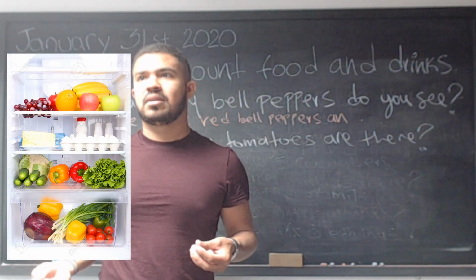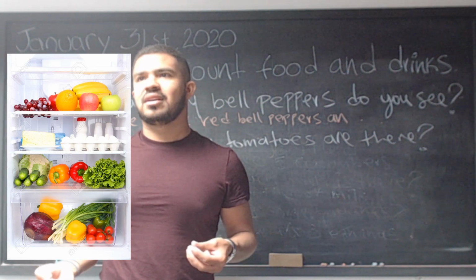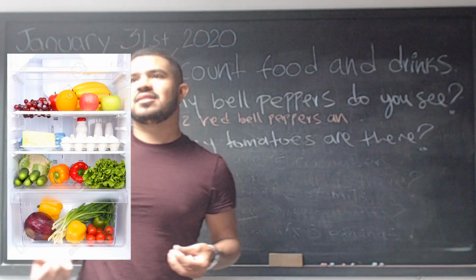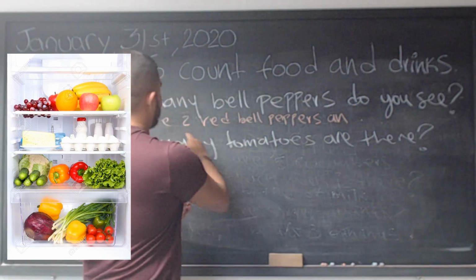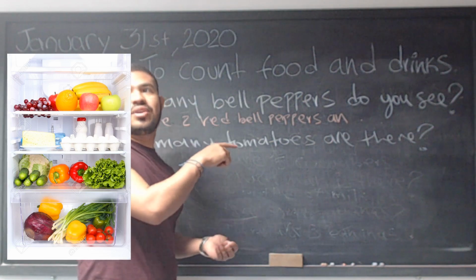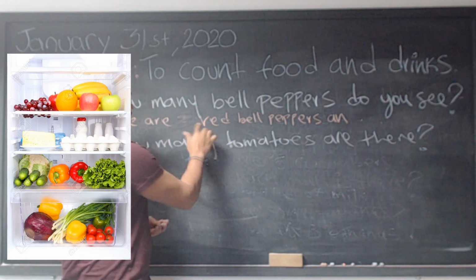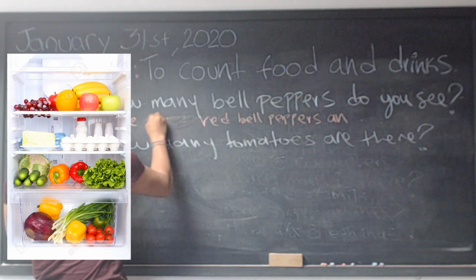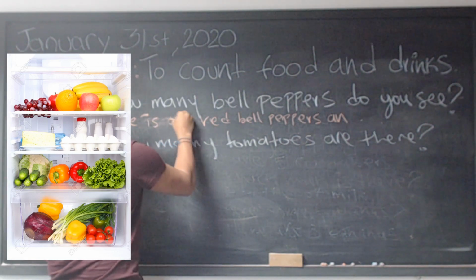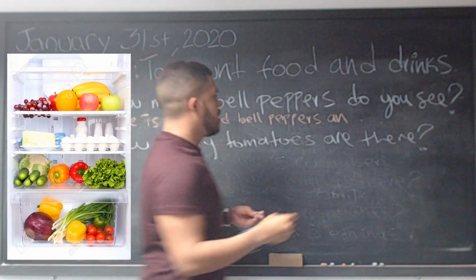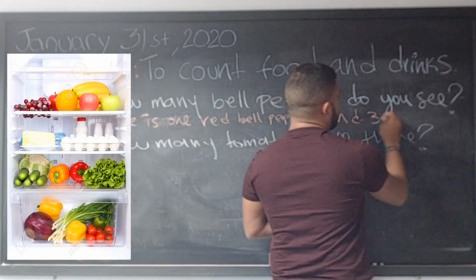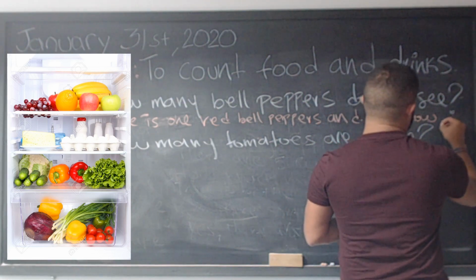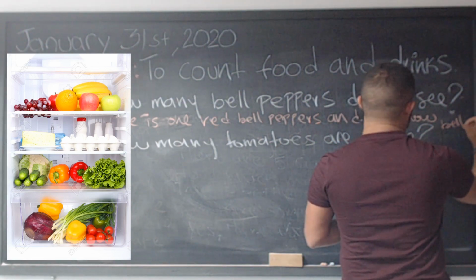Yes, these two are. Those are yellow peppers. And that's okay, more than 2. Okay, so there are 2, 3. Okay, there is 1 red bell pepper and 3 yellow bell peppers.